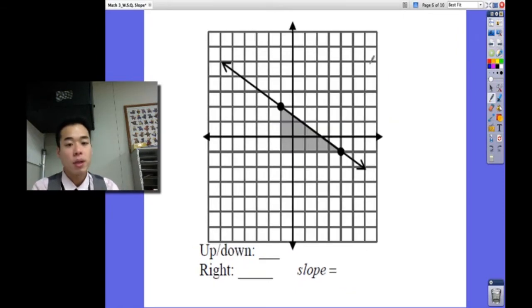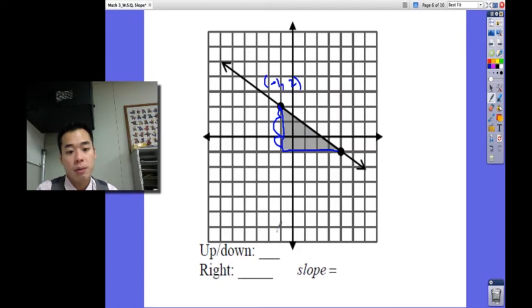Let's find this slope. To find this slope, here's a point that I know for sure. This is -1, +2. That's the ordered pair. To find this slope, all I have to do is move down and to the right until I create a slope triangle, and then just count how many times I went down. 1, 2, 3.